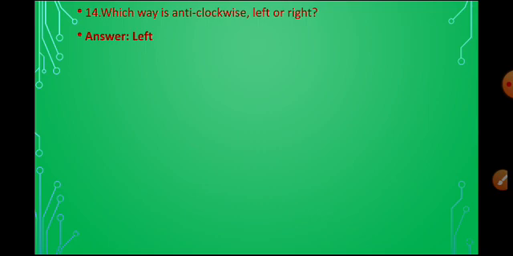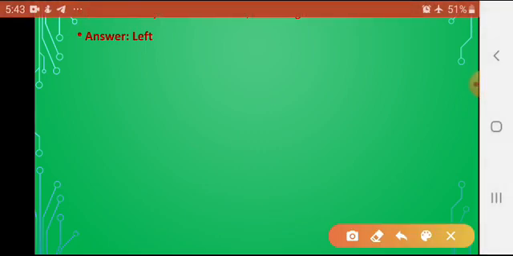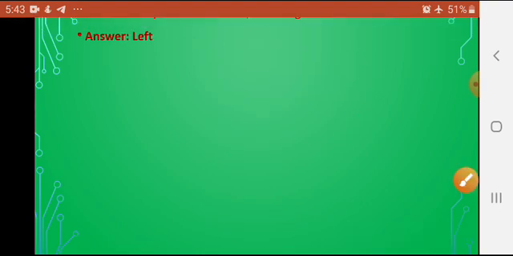So anti-clockwise means left. As I said, if you are moving in this direction, it means it is the left side. You are moving in the left side, so that is anti-clockwise.